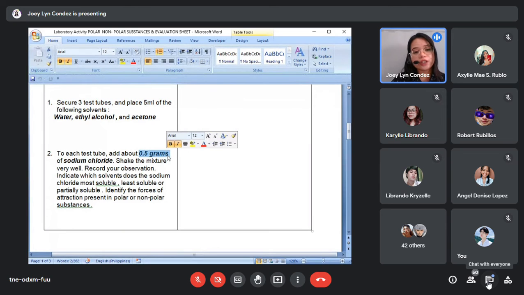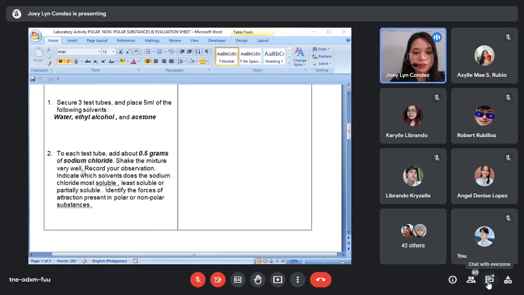Then put the 0.5 grams of sodium chloride in water, alcohol, and acetone. Now, shake the mixture very well. In shaking, everyone, just move it sideways. It should not be stirred. Just shake it.